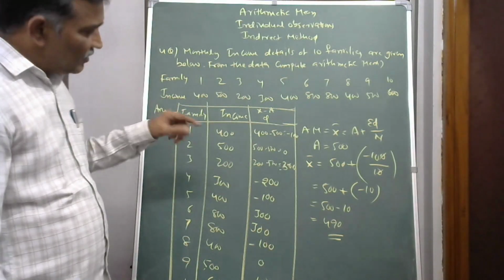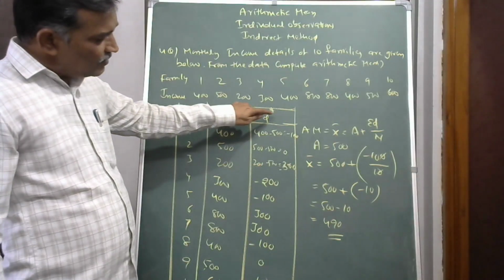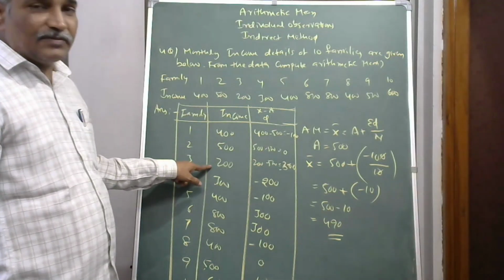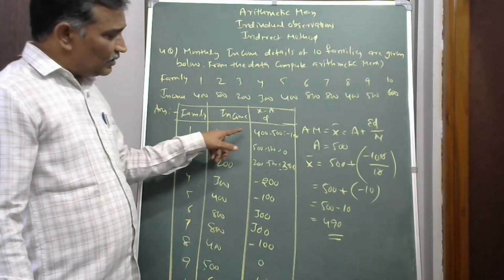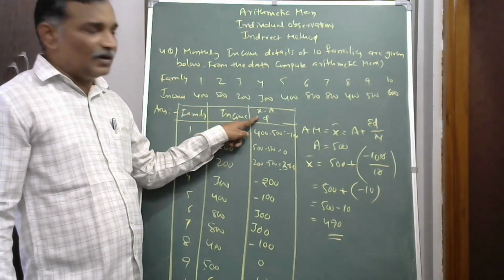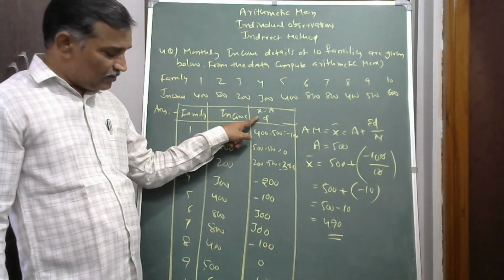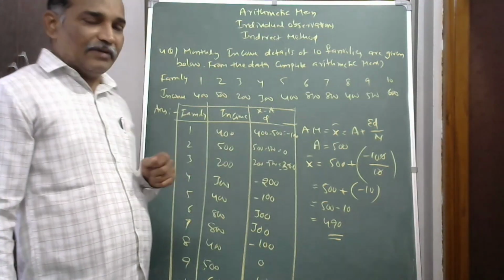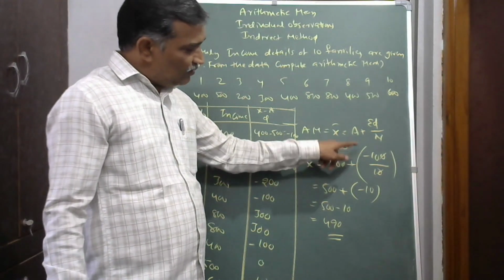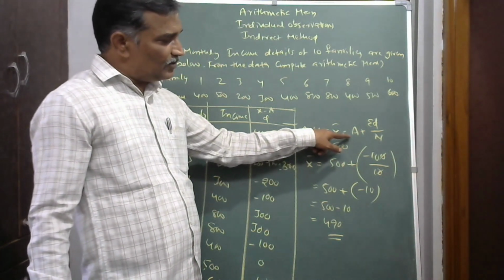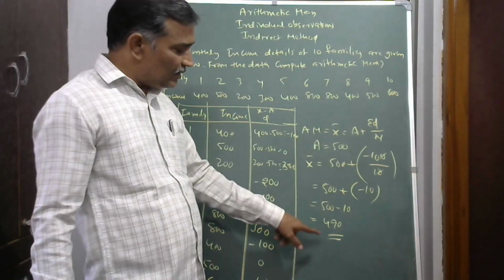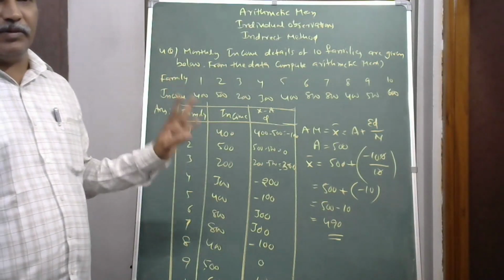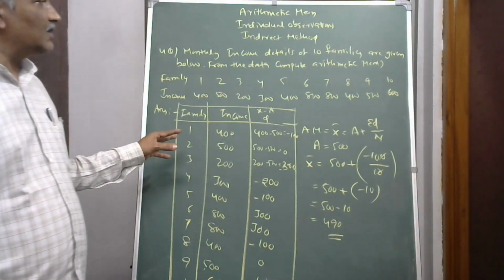From that, we deduct the assumed mean 500 from every x value, and in that way we get the deviations. After we got the deviations, we sum them up and get minus 100. Then we substitute that value in the formula and get 490. So this is the first problem from individual observations and the indirect method.